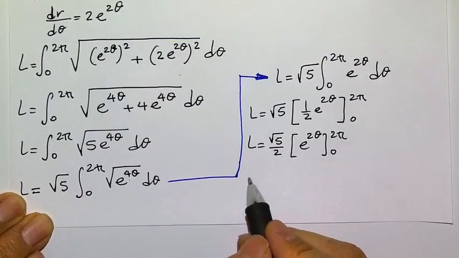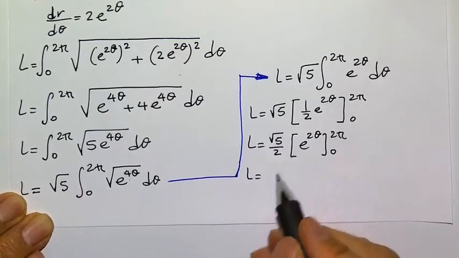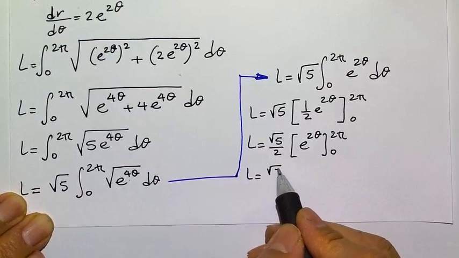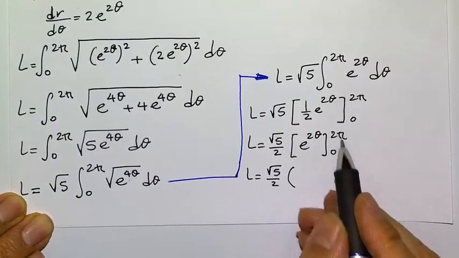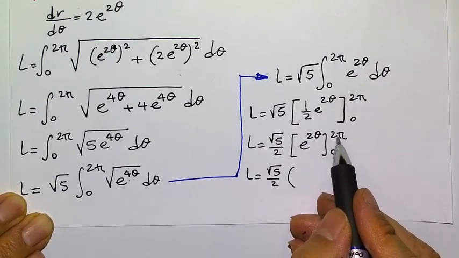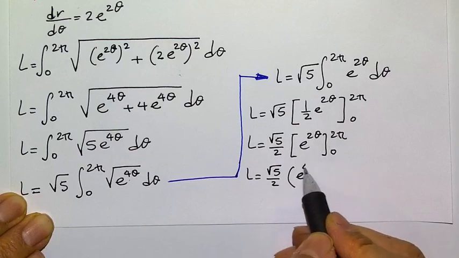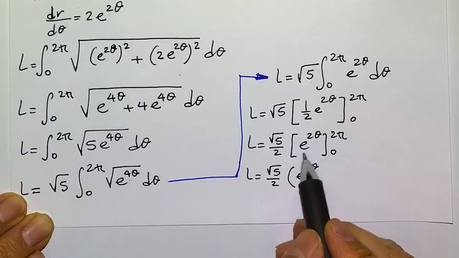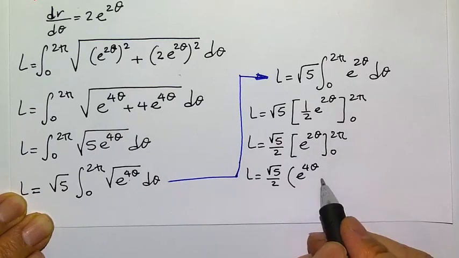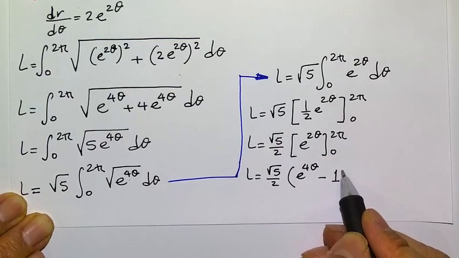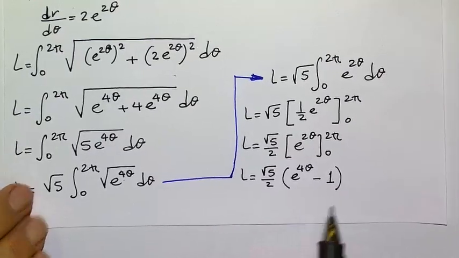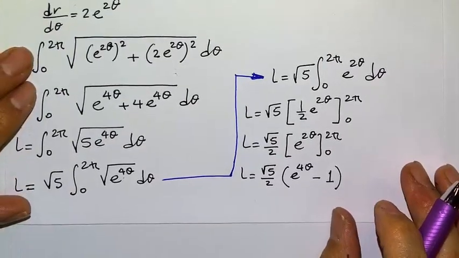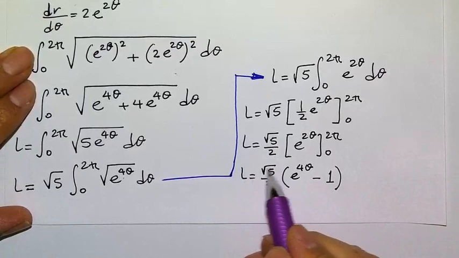So we will have L equals square root of 5 over 2. If theta is 2 pi, we get e to the 4 pi power. If theta is 0, we get e to the 0 power, which is 1, so minus 1. And I think that's just good enough. We can just leave the answer like that.